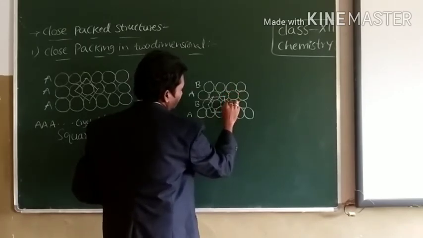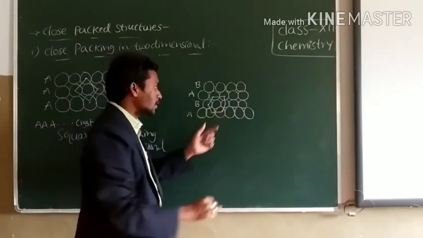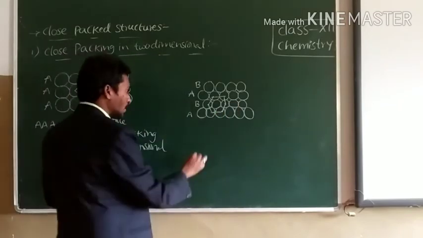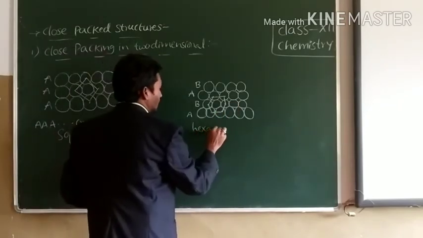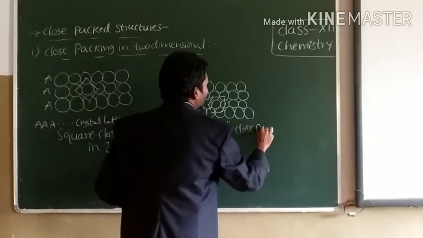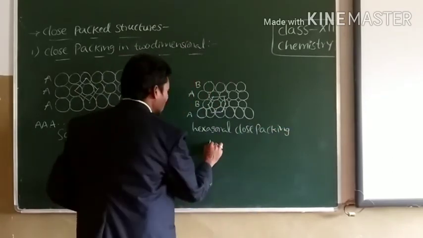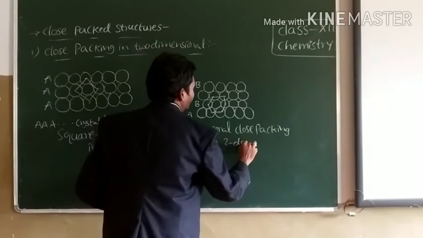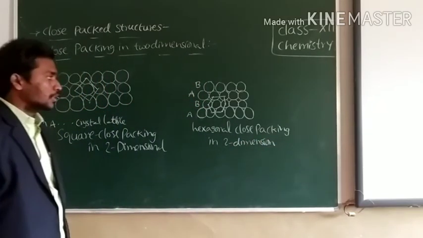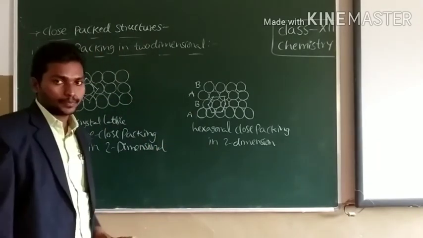When we join the centers of these 6 spheres, we get a hexagonal structure. This is called hexagonal close packing in 2 dimensions.